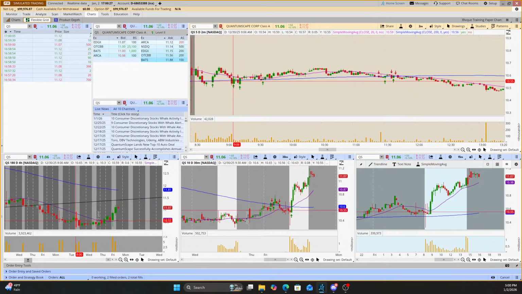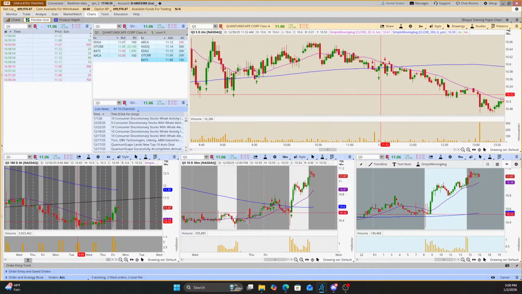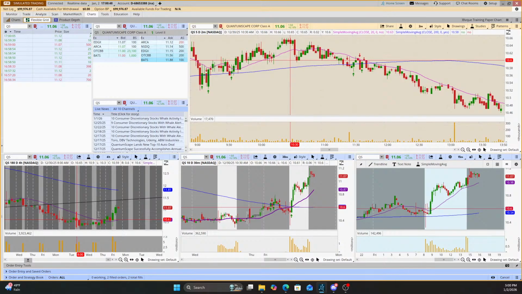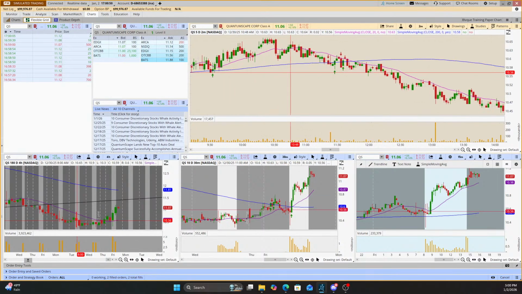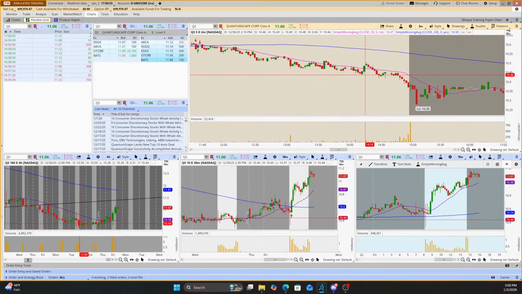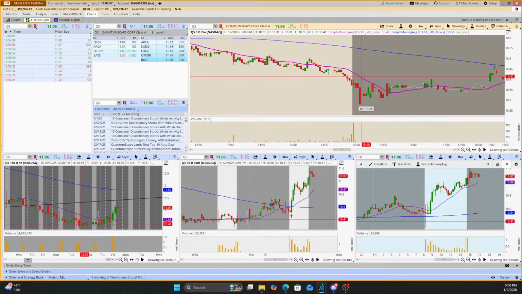All right, goodbye. You could buy right here. Especially right here. Definitely right here. But now, if you would have done that and then put your stop loss, you definitely would have got knocked out of this trade as well.